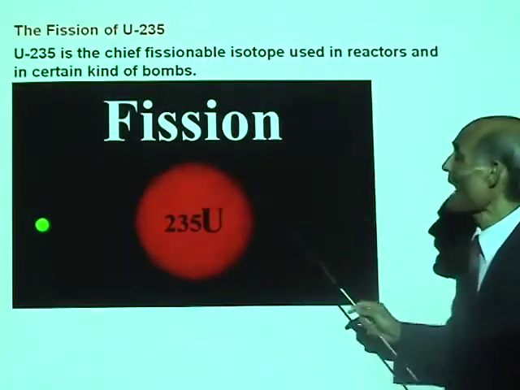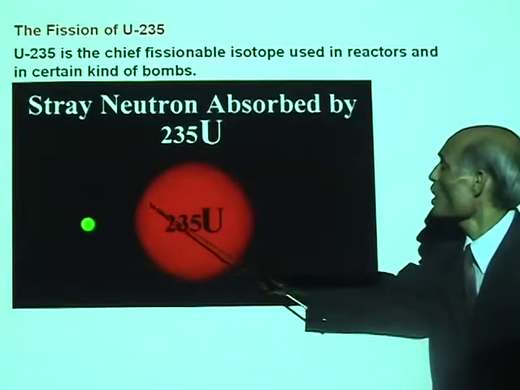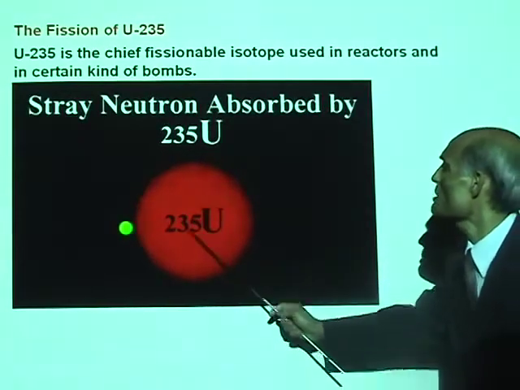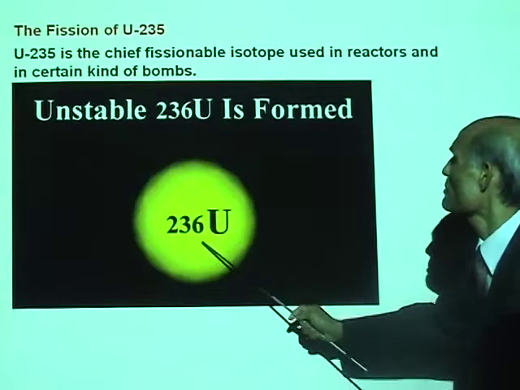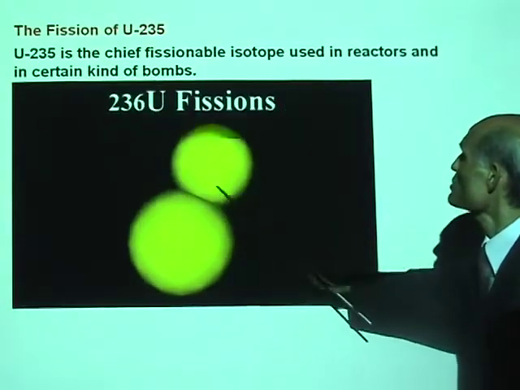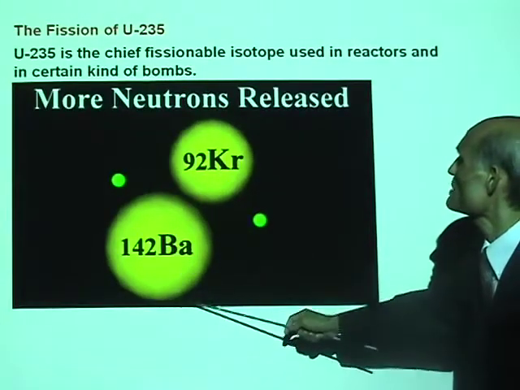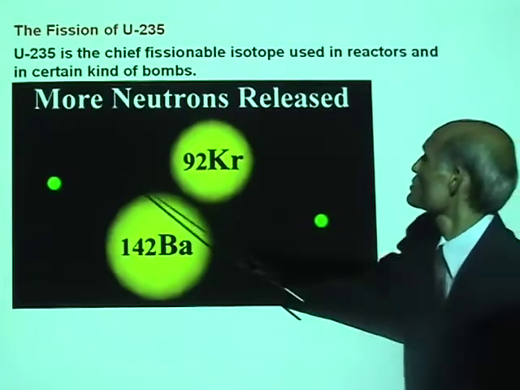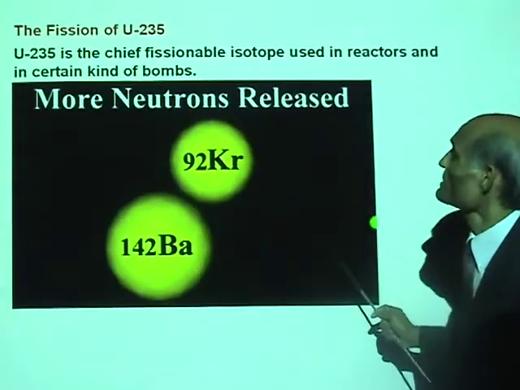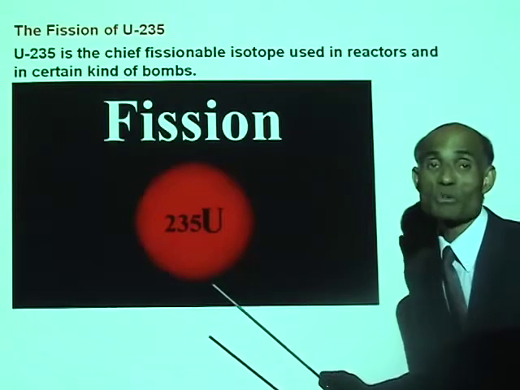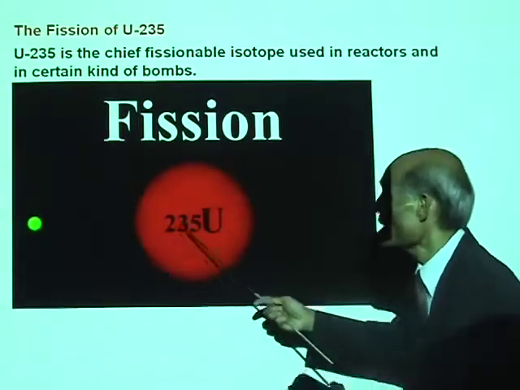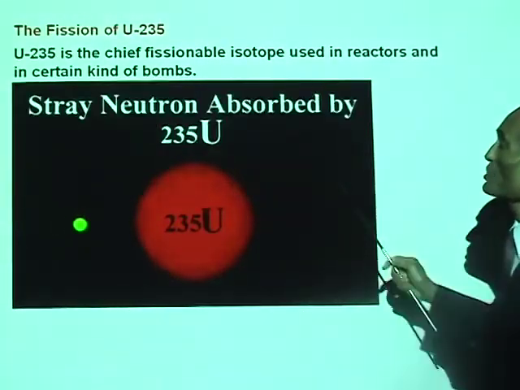Now, watch this animation. A slow neutron is absorbed by uranium-235. What happens? It splits into 2 pieces. It releases, well, sometimes 2, sometimes 3 neutrons, and also a large amount of energy.